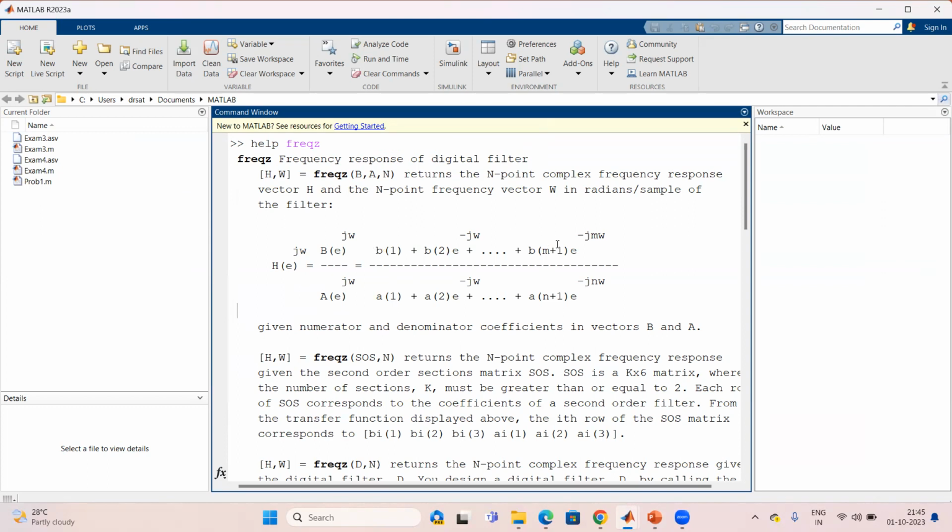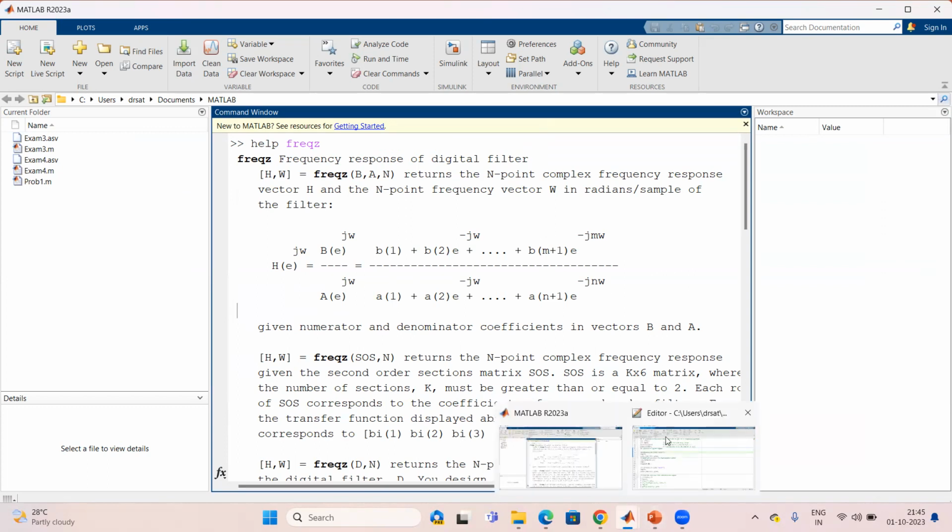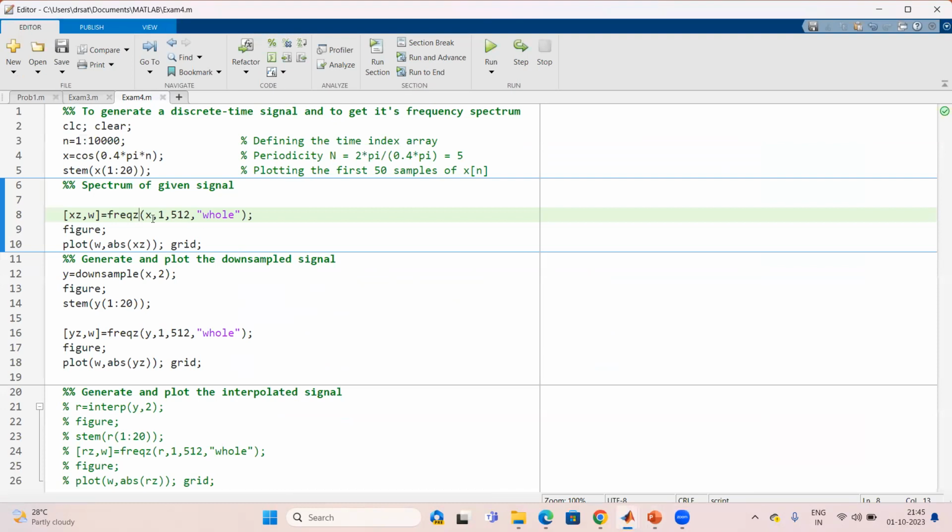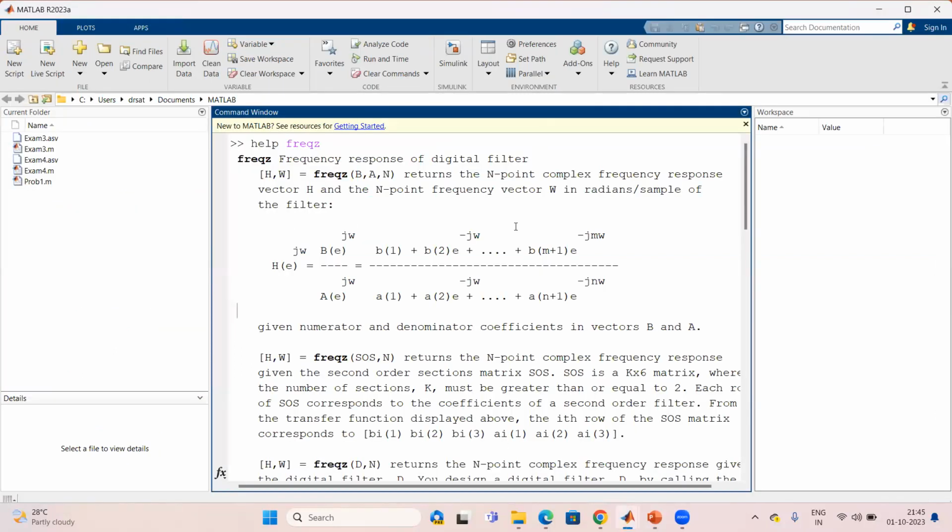So here if you see this particular code, it is written as x comma 1 and then comma 512, right? So this 512 is the capital N as per this particular format, right? So here this capital N is equal to 512.